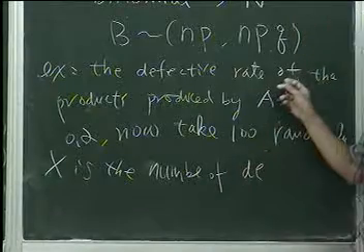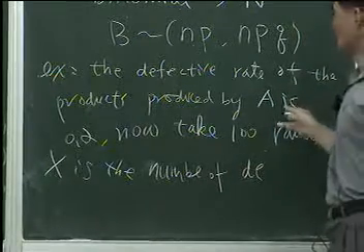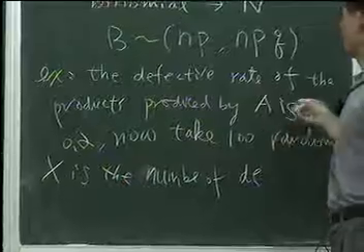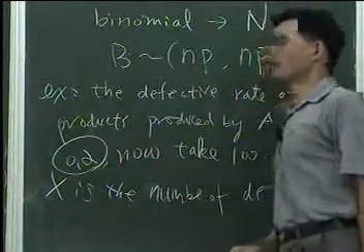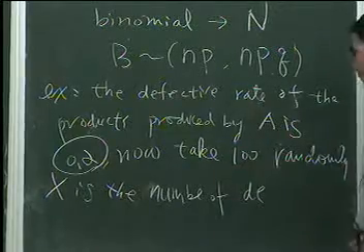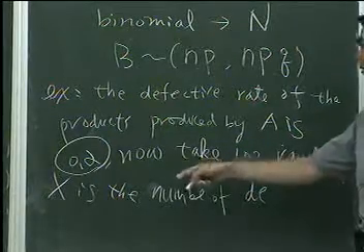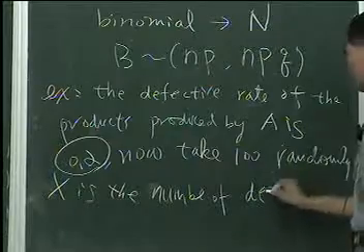So we have a machine that can produce a lot of products, and the defective rate is 0.2. The defective rate is 20%. Now X is the number of defective products.